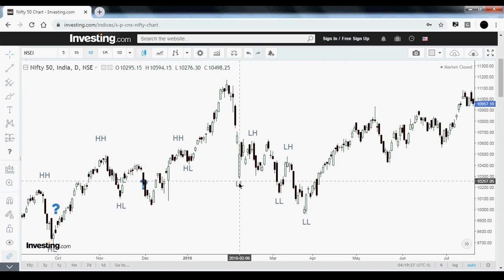This low is lower than this low. That means now we have to see the next advancement. If it is able to cross above this, then this trend will continue. And how will we know this trend will come to an end? If this low is broken here, then we will know that this trend is coming to an end.